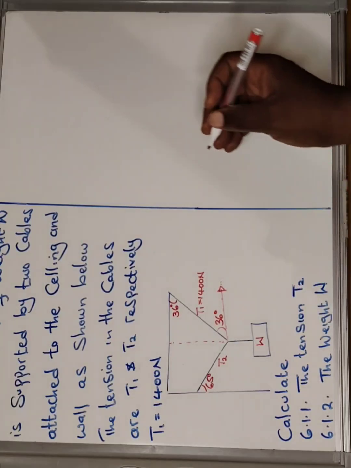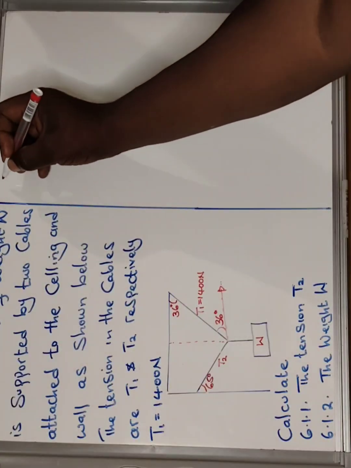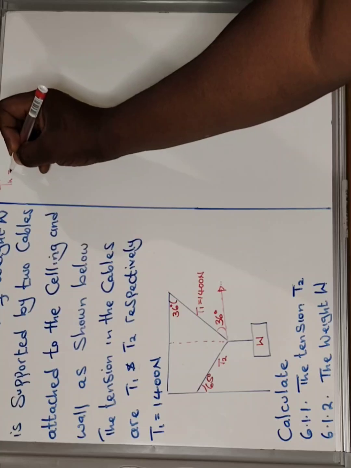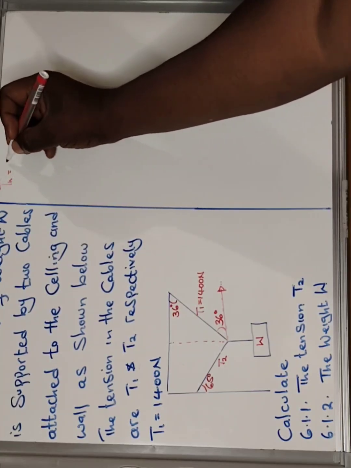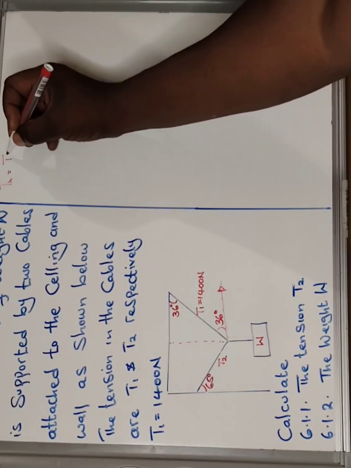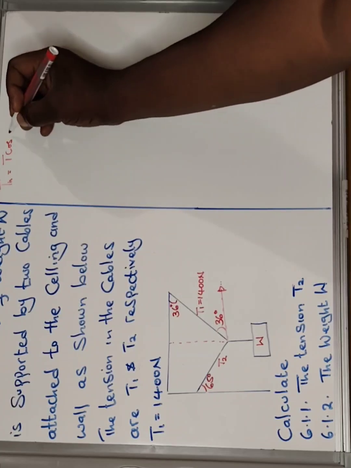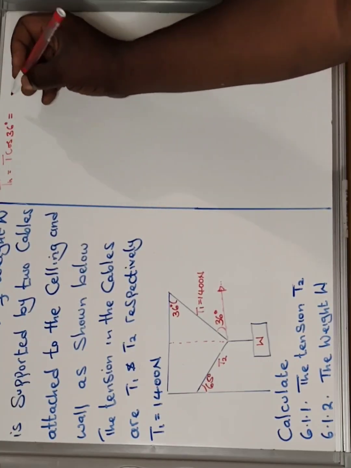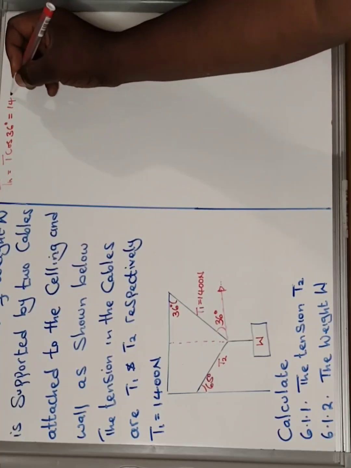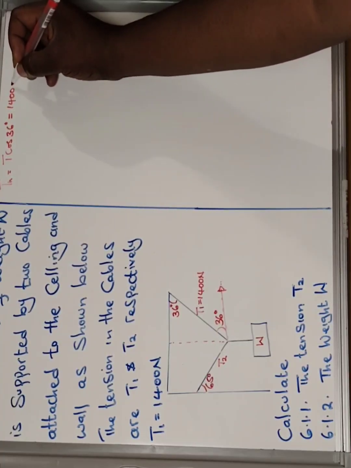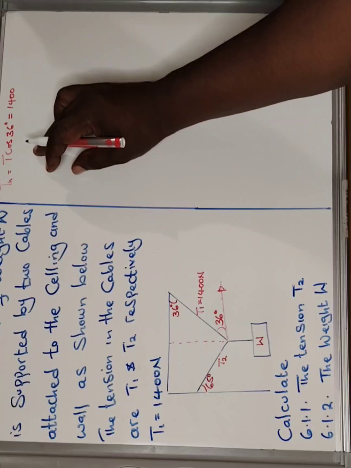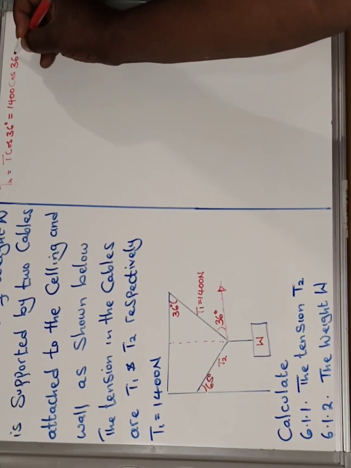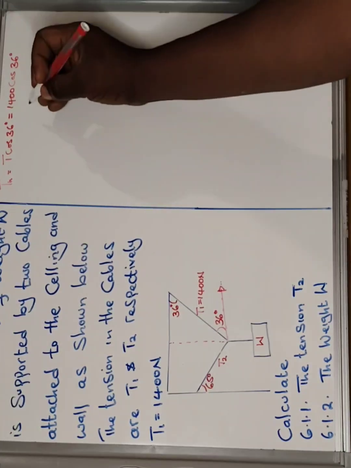So T horizontal is going to be T cos 36 degrees, and it is known T is 1400 newtons, 1400 cos 36 degrees.